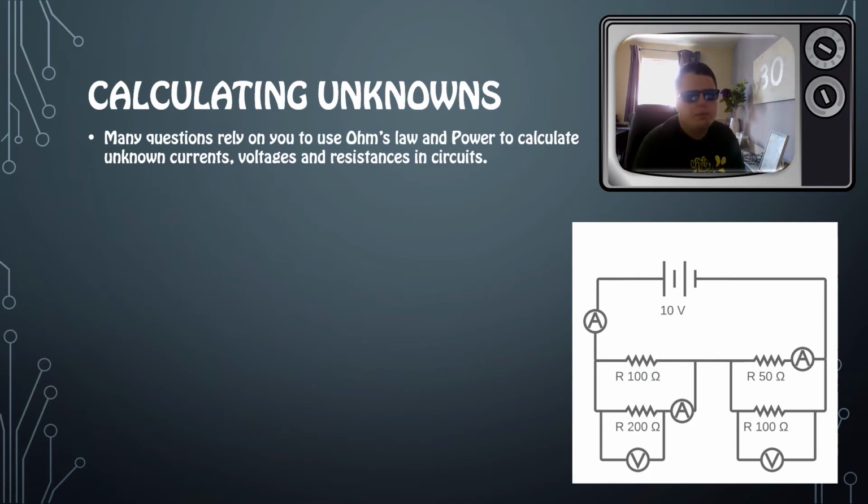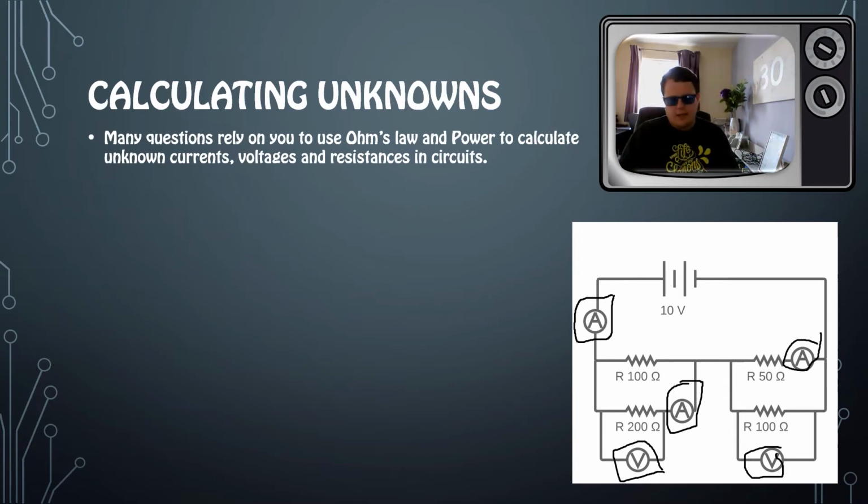Okay, on to probably what is the hardest part of using electricity, which is solving circuits, trying to find out unknowns. So this circuit here has enough information in it that you actually can calculate what every reading on these voltmeters and ammeters will be.